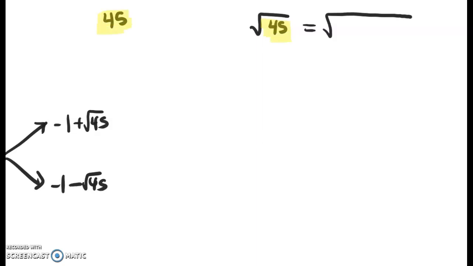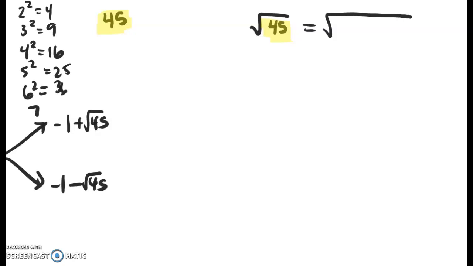If this number underneath has a factor that is one of the perfect squares, I'm going to write the first few here: 4, 9, 16, 25, 36.